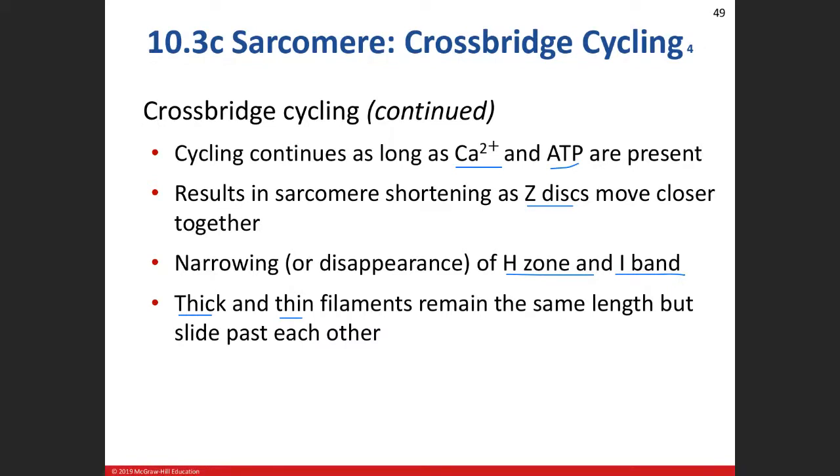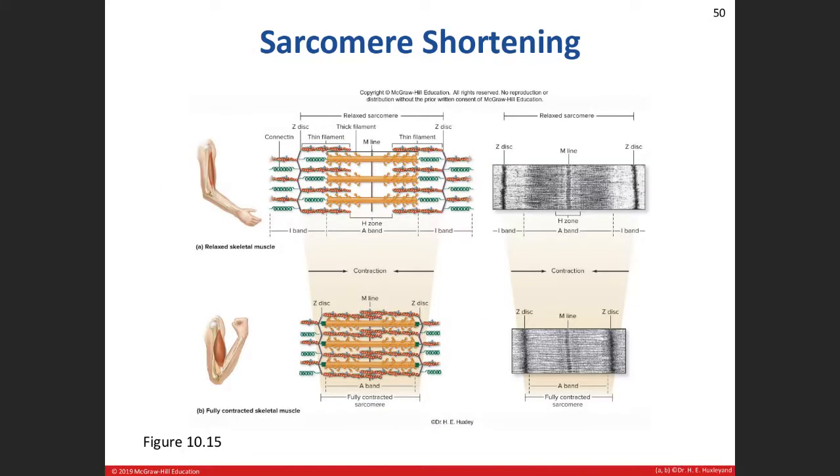So this next picture kind of illustrates that. You can see here we've got our relaxed muscle, the biceps brachii. Here's the normal length of a resting sarcomere. We can see the I band and the H zone. But now when we start to contract the muscle, you can see that the length of the thick and thin filaments doesn't change.